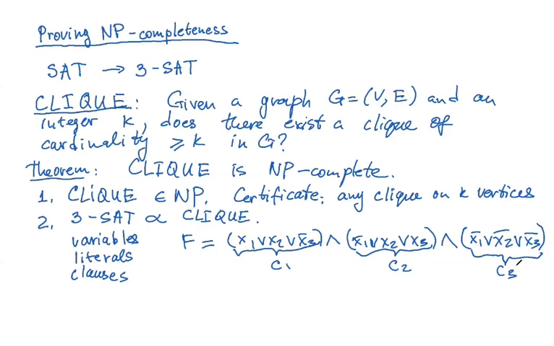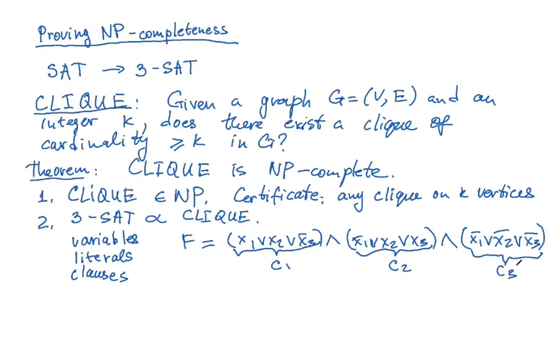So we need to have a CLIQUE in our graph that somehow corresponds to satisfying the formula. Nothing really crosses the mind, right? But then let's think about how we satisfy the formula. To satisfy the formula, we need to satisfy every single clause.